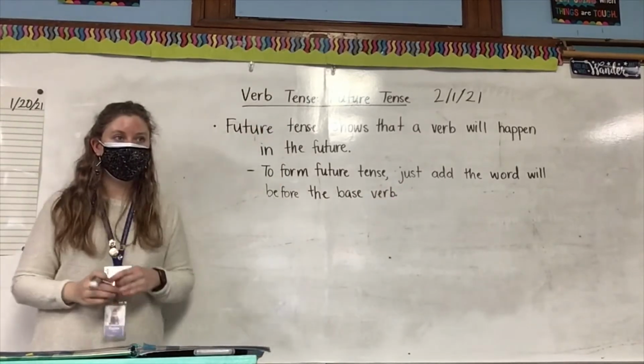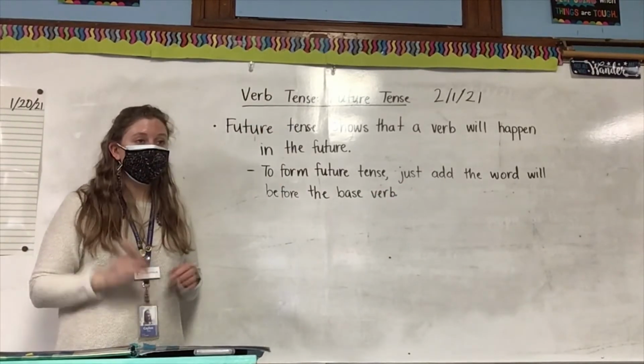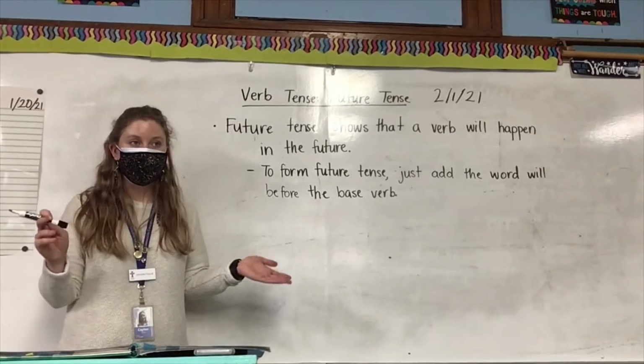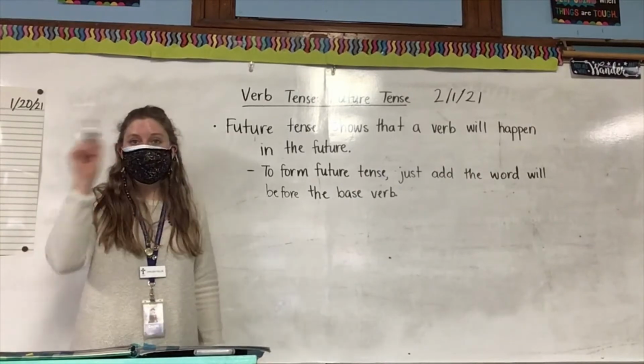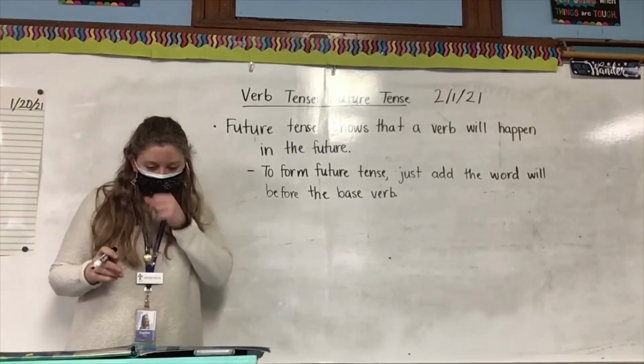That's it. So to form the future tense of the verb, you just take the base verb. That means the regular verb, no endings at all. And you just put the word will before it.